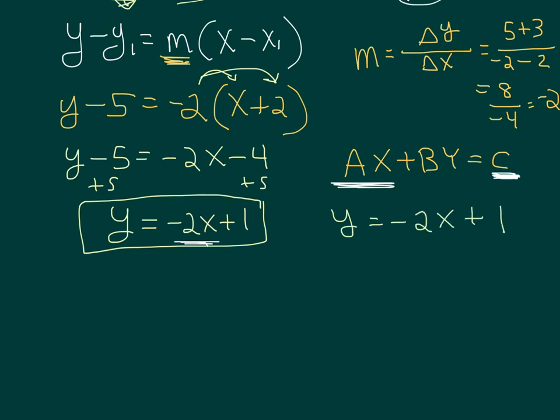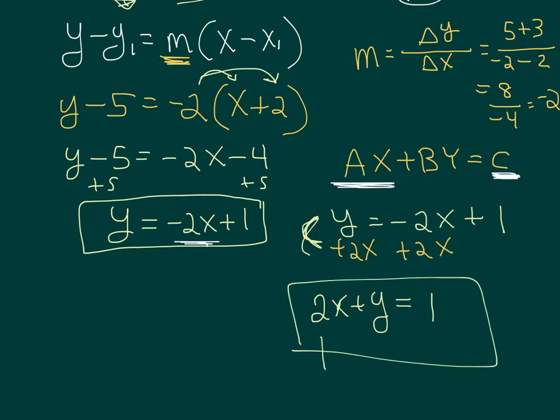But my first step is going to be to add the 2x to both sides to get that x term on the left side so they match. I'm going to have 2x plus y. I can't combine them because they're not like terms. Equals 1. And that's it, right? 2 is my a. The coefficient in front of the y is just a 1, so that's my b. And my c is 1. And now I've rewritten, I went from point-slope form to slope-intercept form and into standard form.